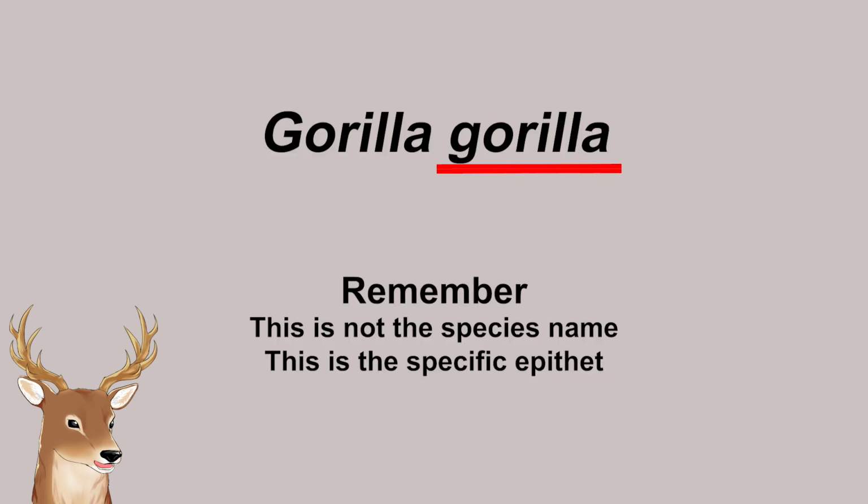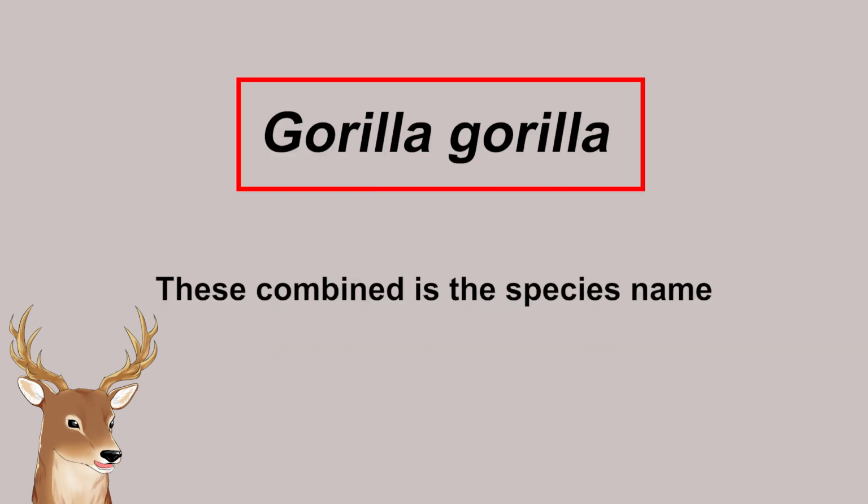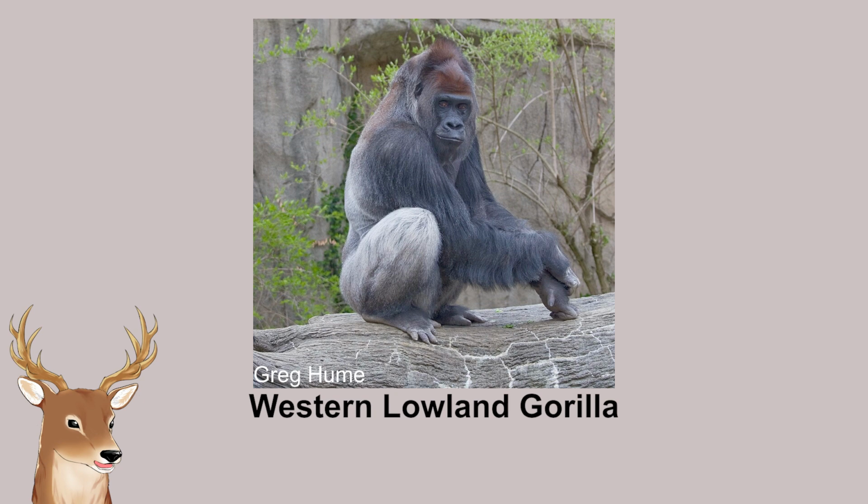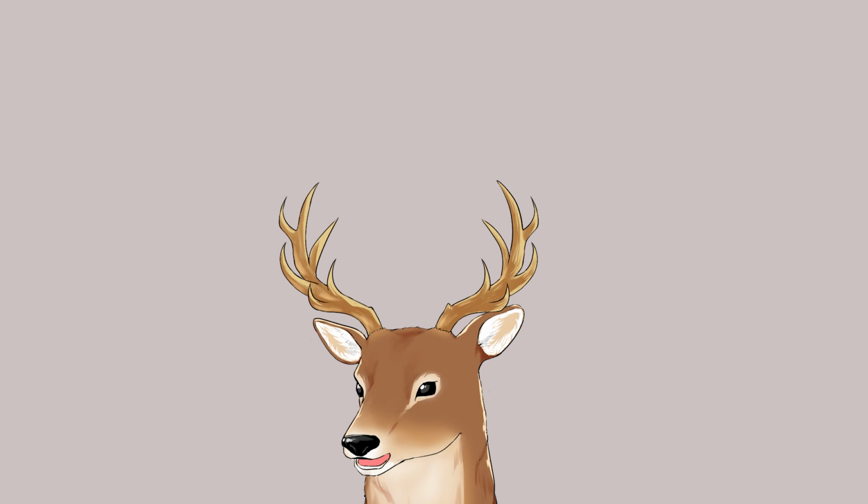Remember, the two epithets in a species name form a single name. So yeah, it's different from the genus name. And if we go even further, we've got the western lowland gorilla subspecies, which is called Gorilla gorilla gorilla. Again, legal because it's a different name.